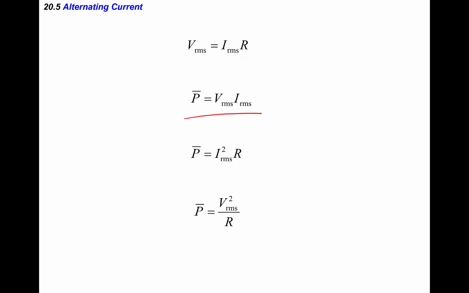So for AC, V RMS, where RMS means root mean squared, this is Ohm's law in alternating current, and here this is the power in alternating current.